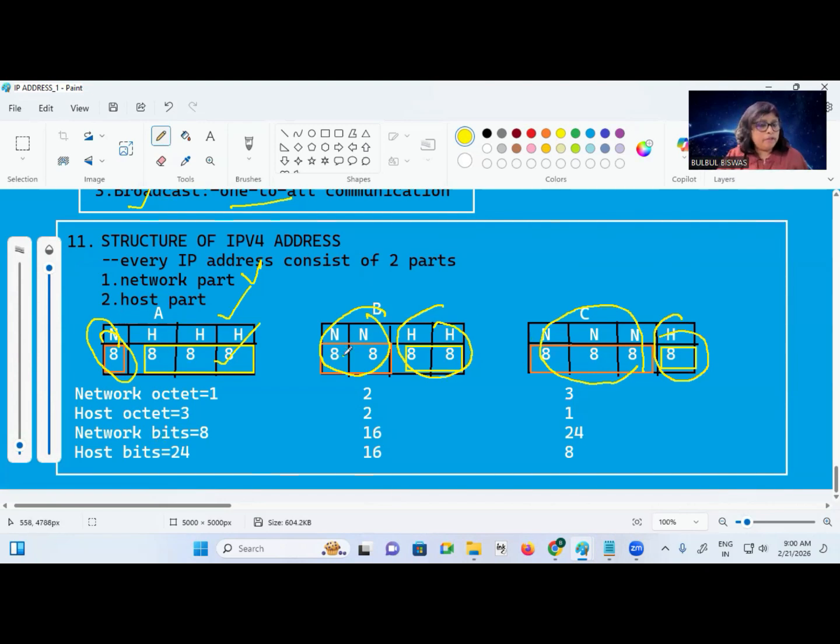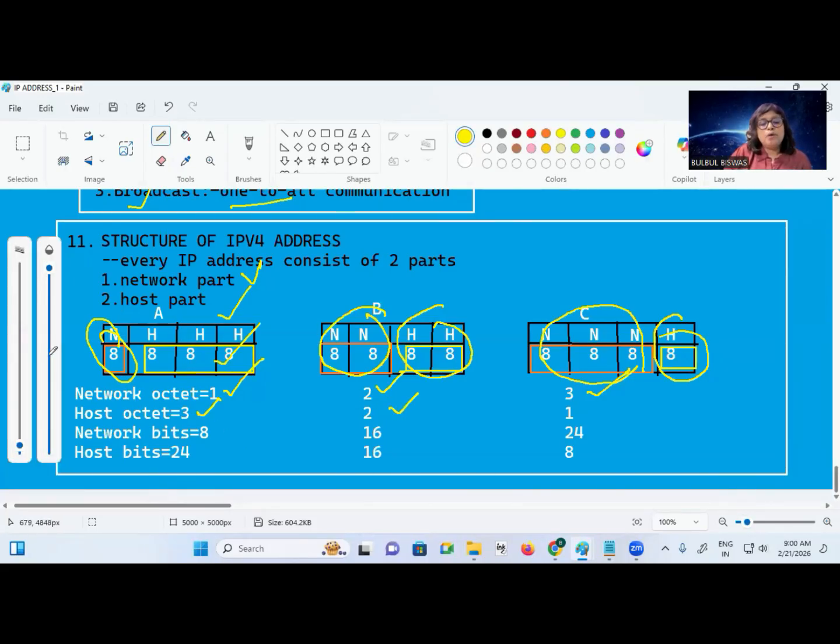I'll go through this in two ways: first the octet format, next the bit format. So you see, in class A there is 1 network octet, for class B 2 network octets, for class C 3 network octets. And in class A, the host octets are 3.